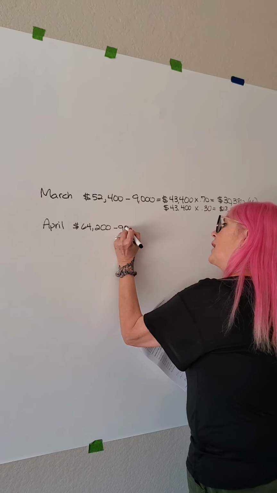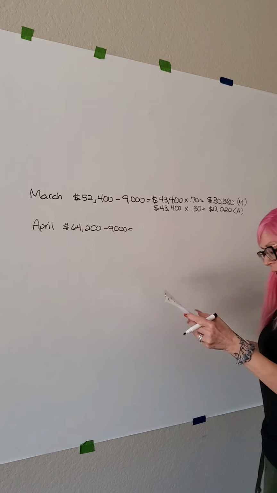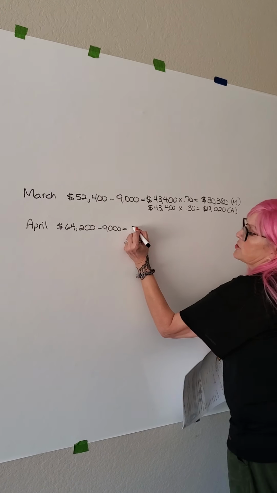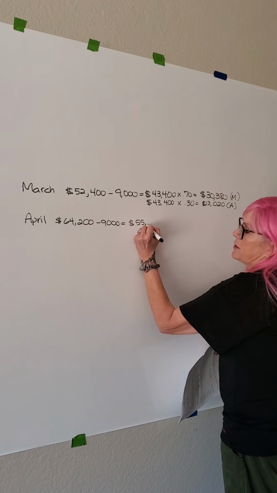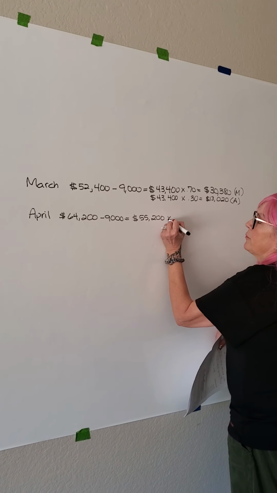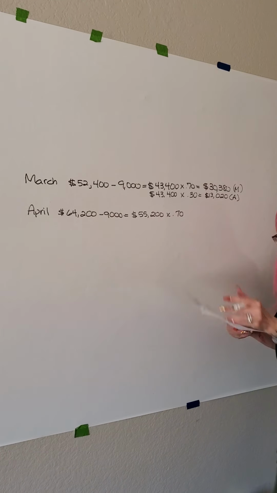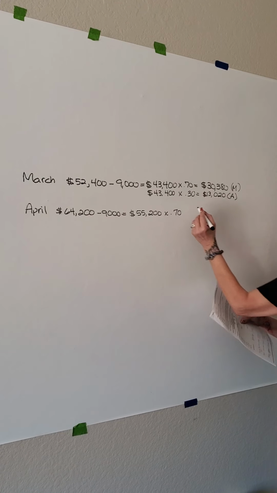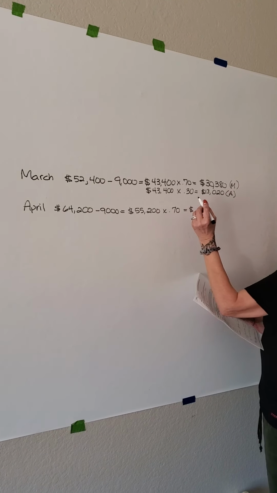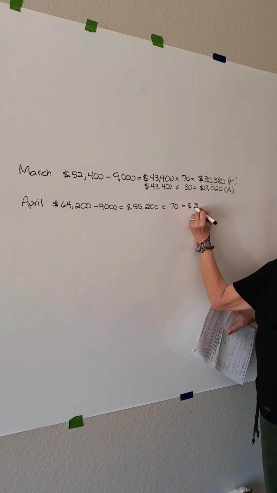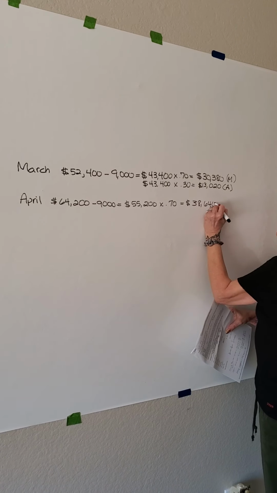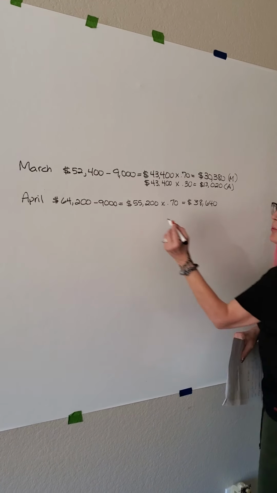We're going to subtract $9,000 from that. That's going to give us $55,200 in cash expenses in April. I'm going to multiply that by 70% and find out that we're going to budget payments of $38,640 to be paid in April.